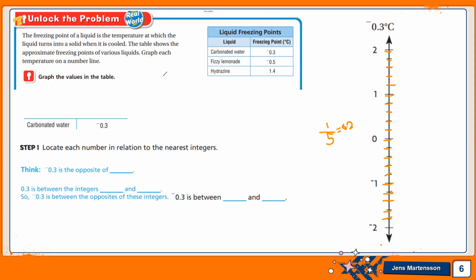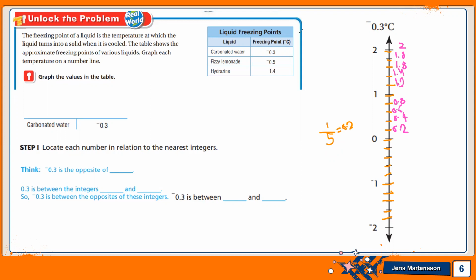So what does it mean? That means here is 0.2, 0.4, 0.6, 0.8, 1, 1.2, 1.4, 1.6, 1.8, then 2, and so on.